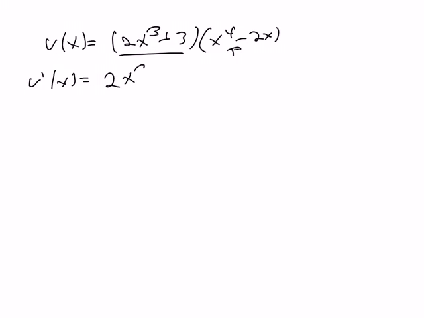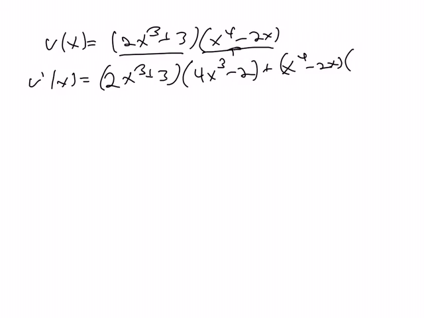So 2x to the third plus 3 times 4x to the third minus 2, and then plus, and now keep this the same, so x to the fourth minus 2x times the derivative of this one, which is 6x squared.